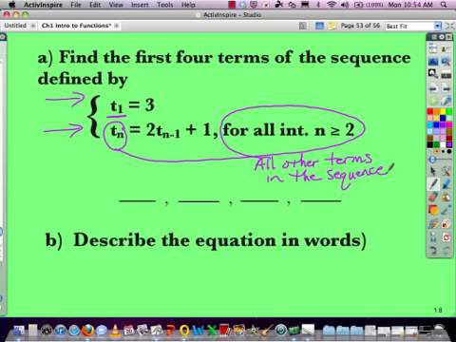So if we say, using those two purple things together, all other terms in the sequence, then we can go back and use our subscript of t sub n minus 1, standing for the previous term.